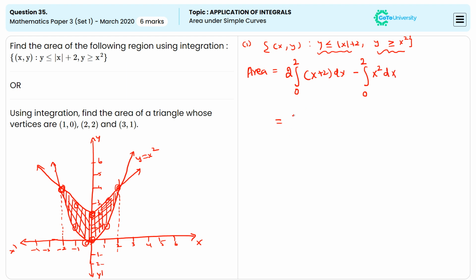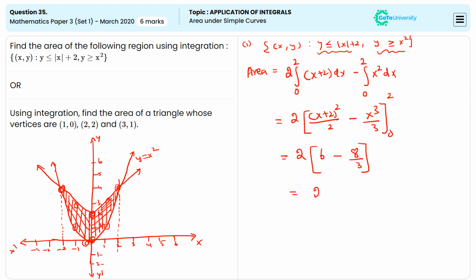If we integrate this, we get 2 times (x plus 2) the whole squared divided by 2, minus x cubed divided by 3, with limits from 0 to 2. If we apply the limits, we get 2 times (6 minus 8 by 3), and if we simplify this, we get 20 by 3 square units.